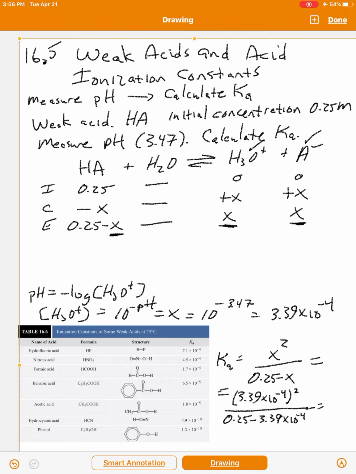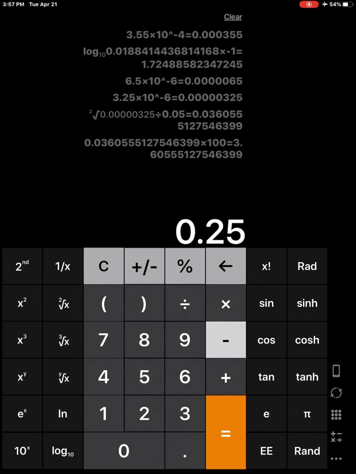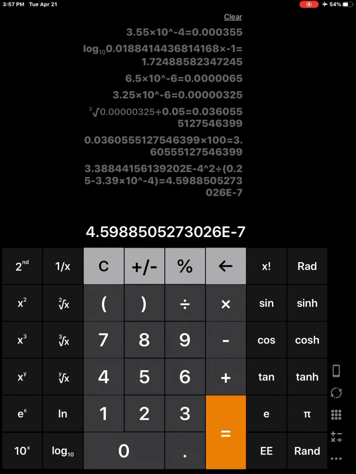So I'm going to square this, and then divide it by 0.25 minus 3.39 times 10 to the minus 4. And there you go: 4.59. Let's round that to 4.6 times 10 to the minus 7.